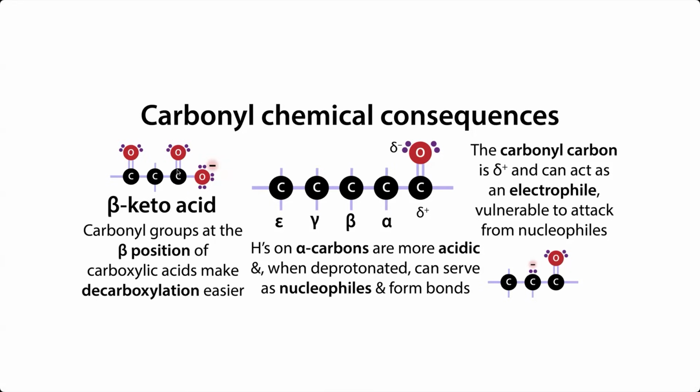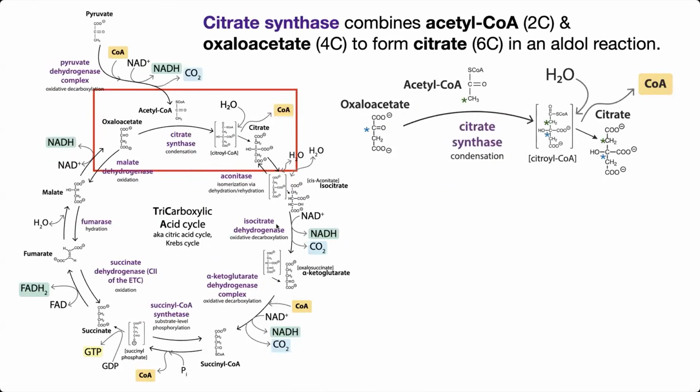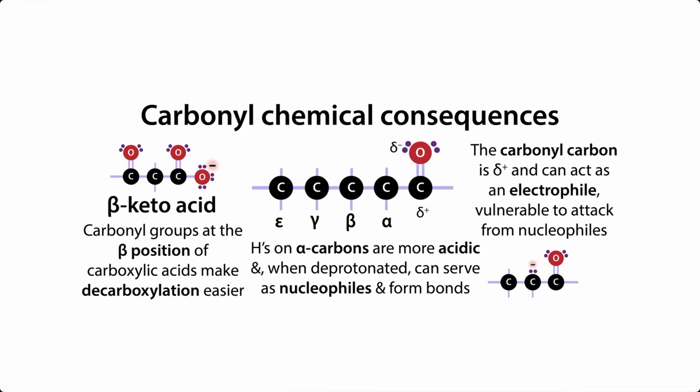We'll talk more about why this is in a minute, but it's going to be easier to decarboxylate when you have a beta keto acid than if you were to have an alpha keto acid. If you were to have an alpha keto acid, you'd have the ketone on this carbon. That's what we saw with pyruvate and with alpha-ketoglutarate. We'll get back to that later.